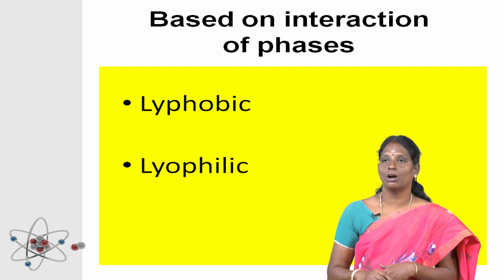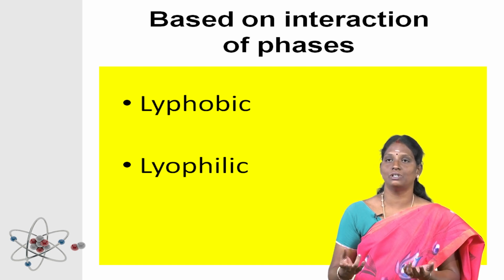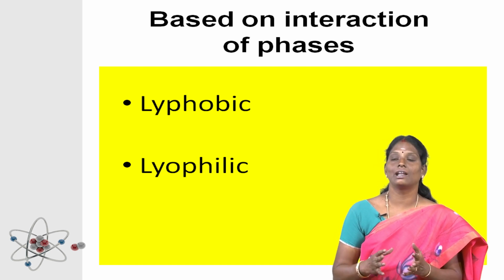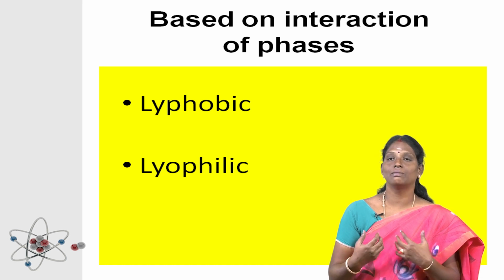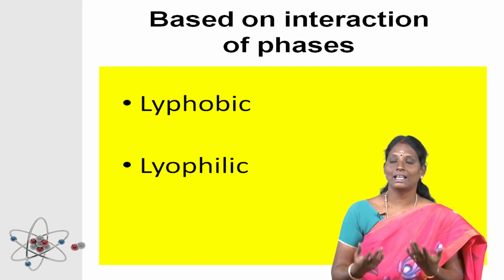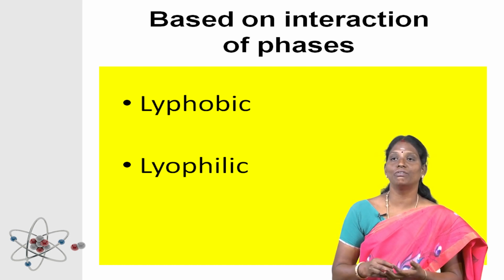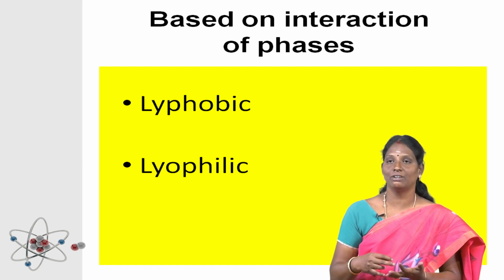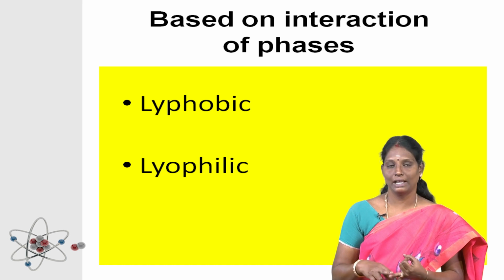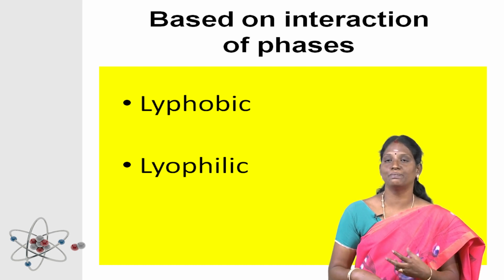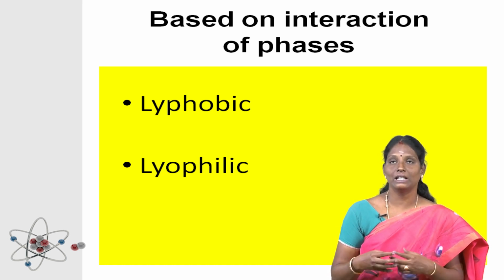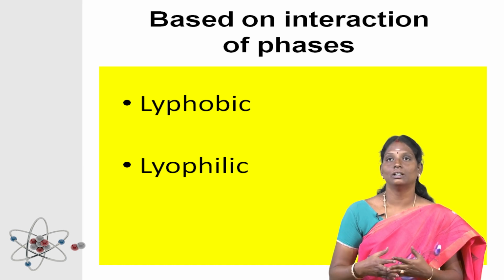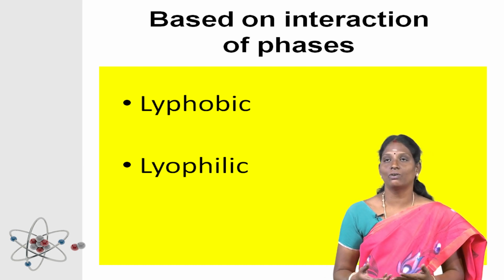These are also called irreversible sols, that means they cannot be reversed or recovered. Examples are dispersions of gold, iron(III) hydroxide and sulfur in water. Next one, lyophilic colloids.